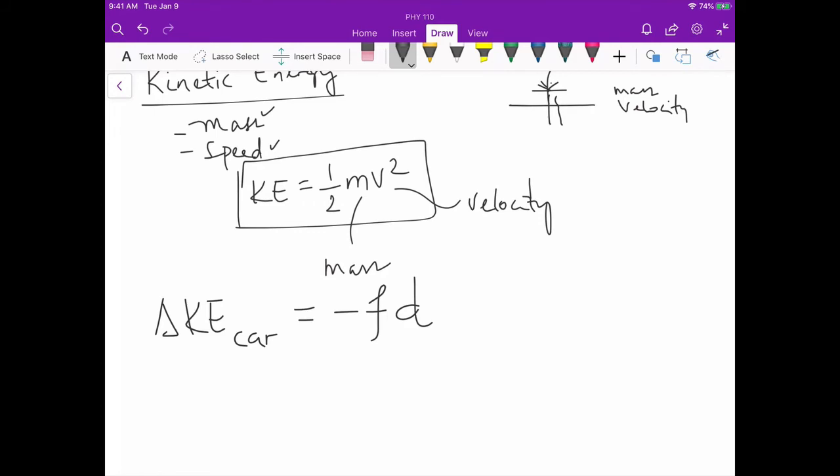In other words, work done on the car by friction is the same as the changing kinetic energy. The friction just did work. I put negative in there because the friction is always in the negative direction. So it did work, and then it brought the car to a stop.